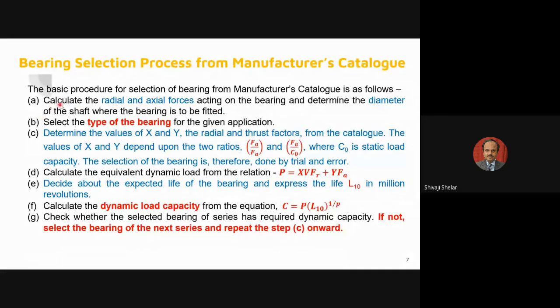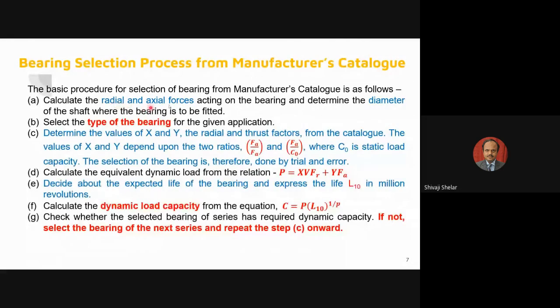So first step, you have to calculate radial and axial forces acting on the bearing and determine the diameter of the shaft where the bearing is to be fitted. This is the first basic step. Many times the diameter of the shaft is specified in the problem, but sometimes you have to calculate it based on the strength requirement, and then you can calculate the support reaction at that particular bearing location.